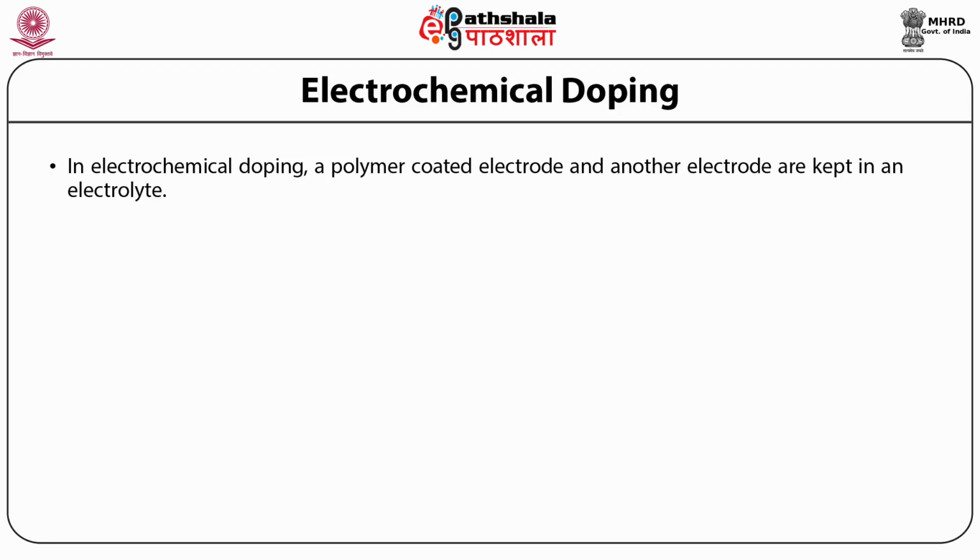Once the DC power is applied to this electrochemical system, the electrode attached to the polymer supplies redox charge to the polymer. At the same time, the electrolyte serves as a medium for the transport of ions either in or out of the polymer to compensate the charge on the polymer.